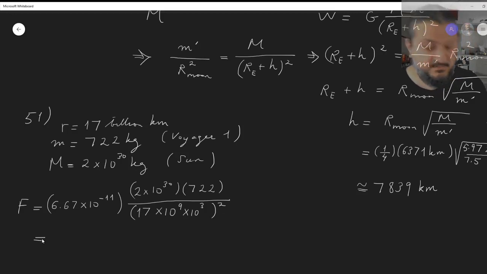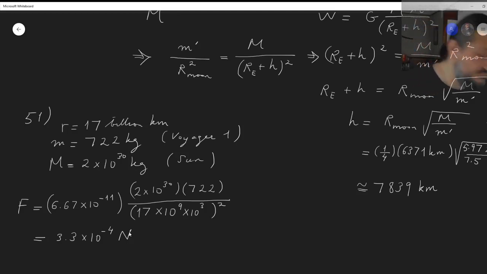All right, so let's do 6.67 times 10 to the negative 11 times 2 times 10 to the power 30 times 722 divided by 17 times 10 to the power 12, squared, and that is 3.3 times 10 to the negative 4 newtons.